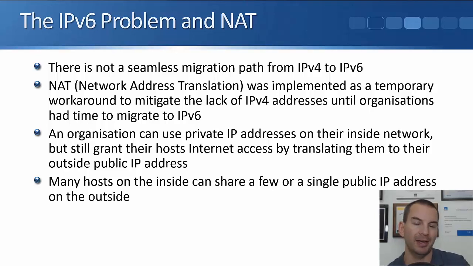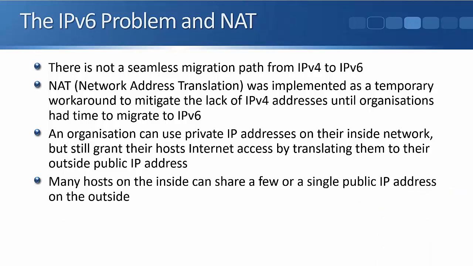So if you're using a private IP address on the inside, whenever you communicate with anybody out on the public internet, the traffic looks like it's coming from a public IP address, so they're able to send the traffic back to you. Many hosts on the inside using those private IP addresses can share a few or even just a single public IP address on the outside.